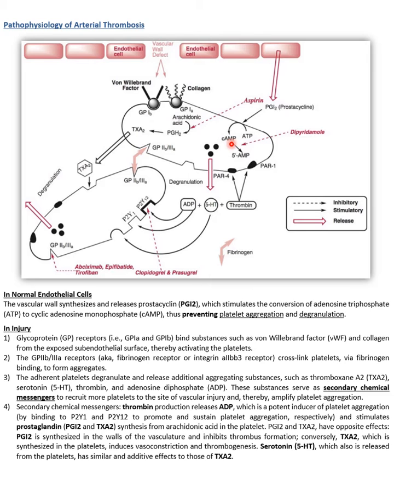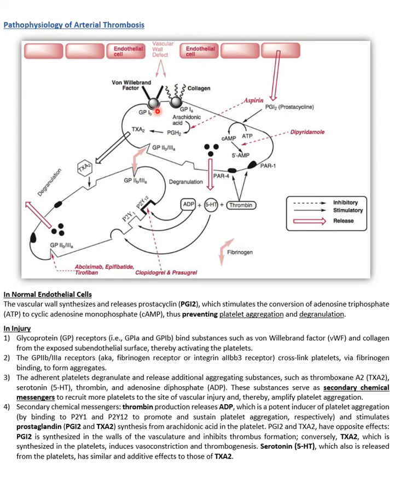Okay, now let's switch to the case of injury. In the case of the injury of the cell, or basically the endothelial cell, two chemicals, one of them is the von Willebrand factor and another one is the collagen.